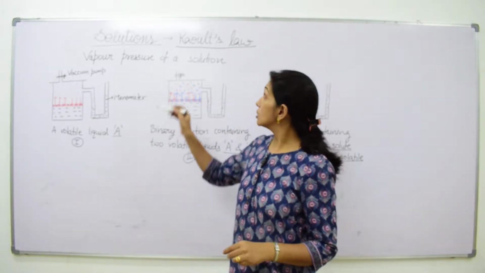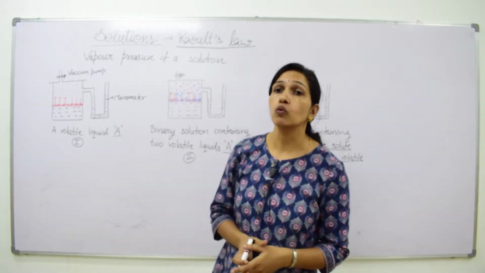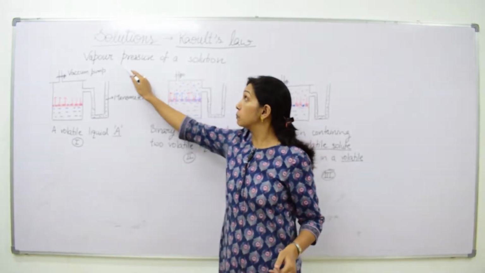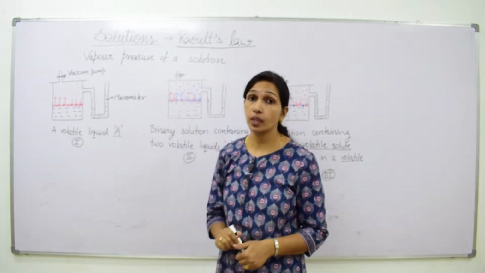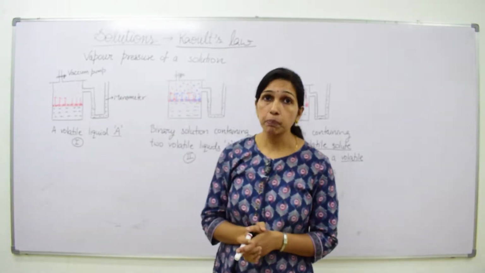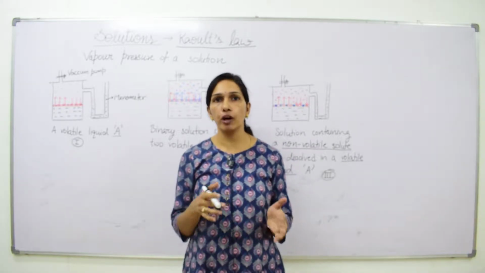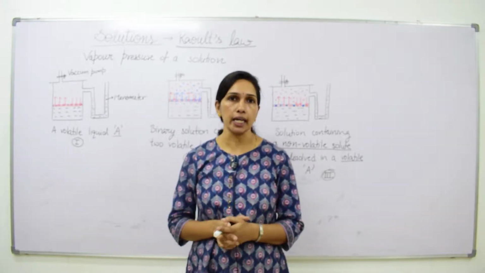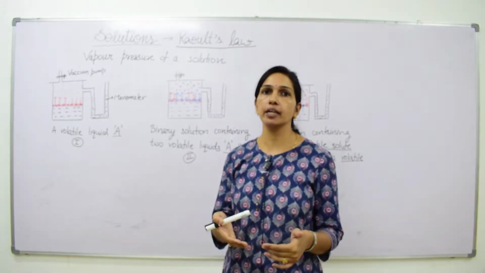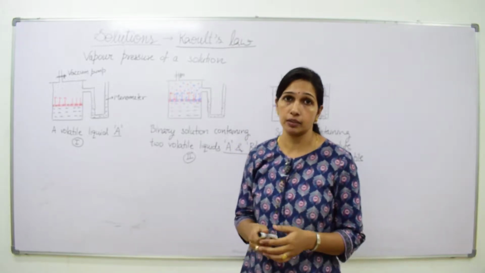So, to understand Raoult's law, we have to know what is the vapor pressure of a solution. In general, vapor pressure means the pressure exerted by the vapor phase of a volatile liquid.